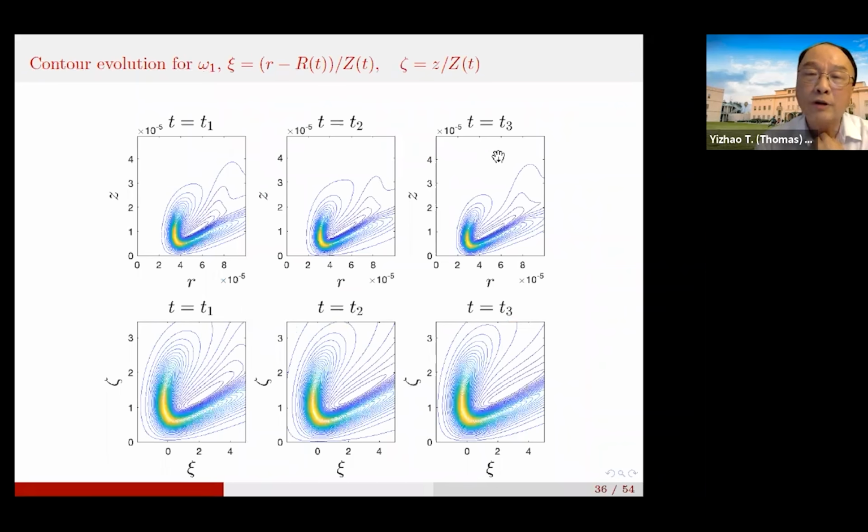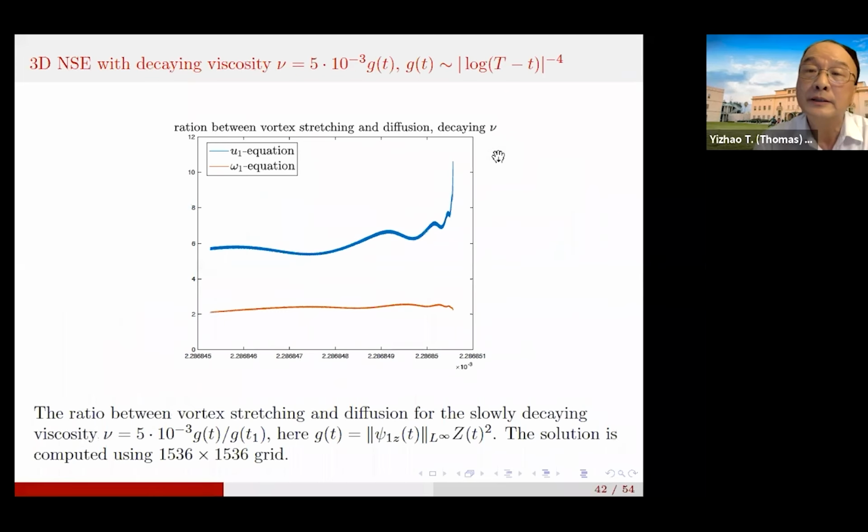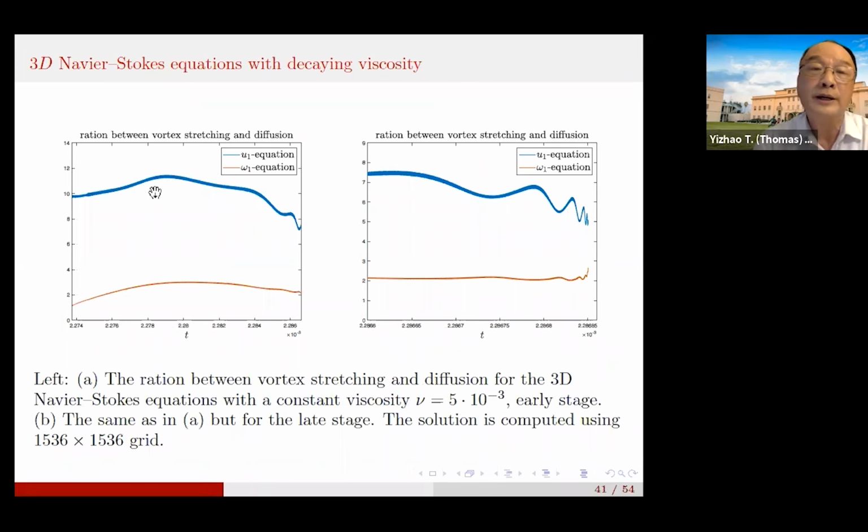Right, because it's a logarithmic correction. I mentioned it earlier. This is the picture. We try to track the competition between vortex stretching, which is quadratic, and the linear diffusion term. Because Z goes to zero like the square root of T minus t, divided by some log factor, towards the end we develop a mild two-scale structure.